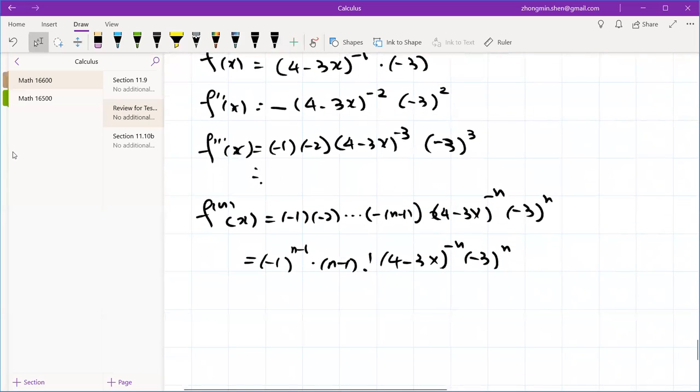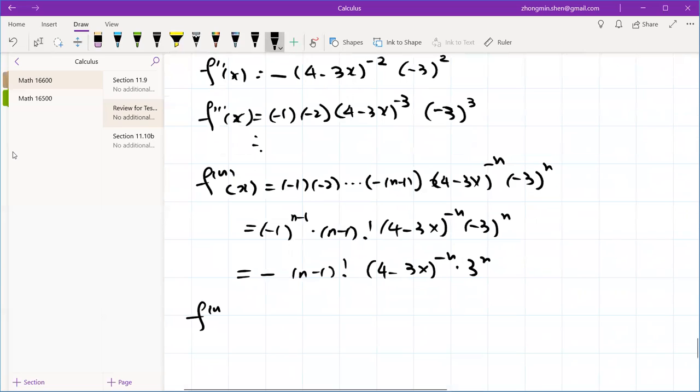And because of negative 3, there's a negative 1 to the n there, right? So you can get rid of the negative sign. Okay. I have a negative 1 to the power n and negative 1 to the power n minus 1. So combined, I get a negative 1. Okay. So the value at 1, I get 4 minus 3 times 1, that's just 1.